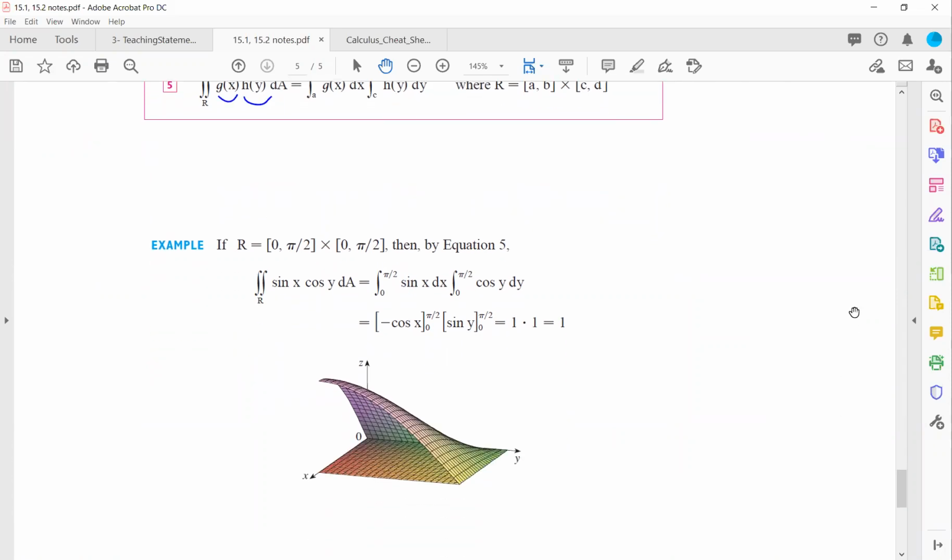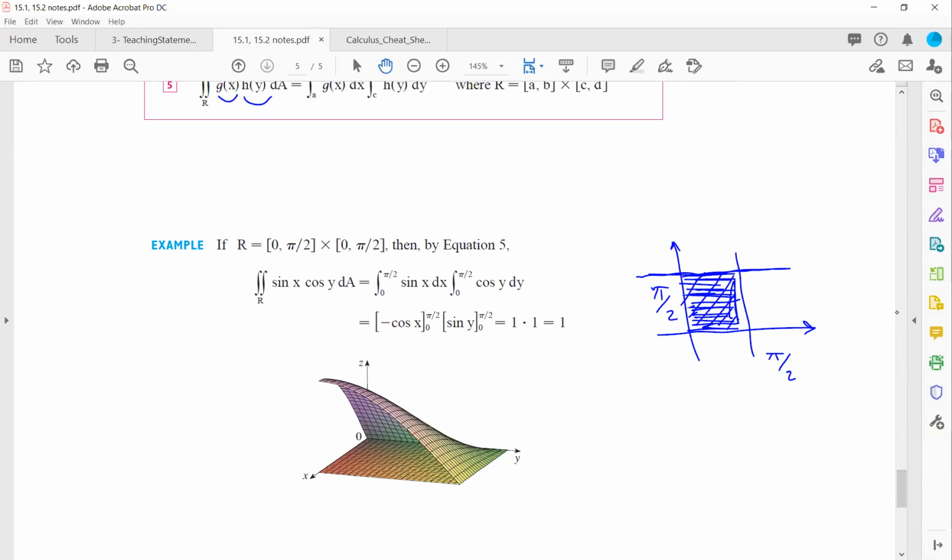For example, if R is a rectangle, 0 to pi over 2, 0 to pi over 2, and the question says, find the double integral of sine x cosine y over this small rectangular plane.